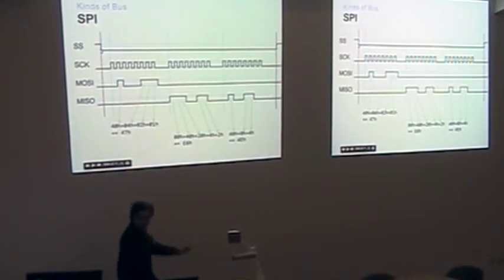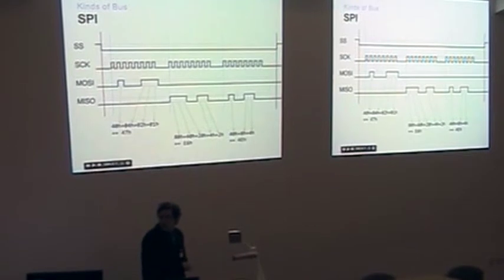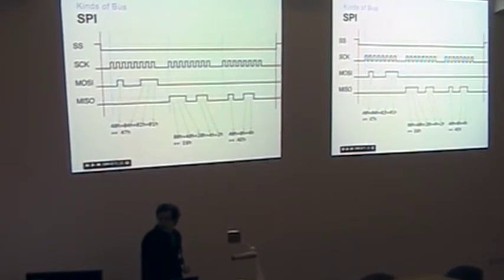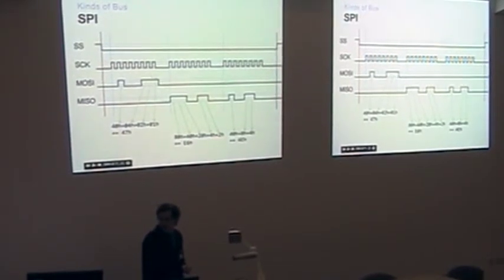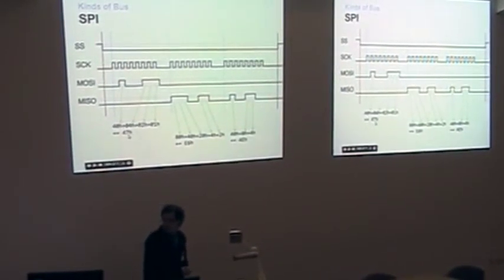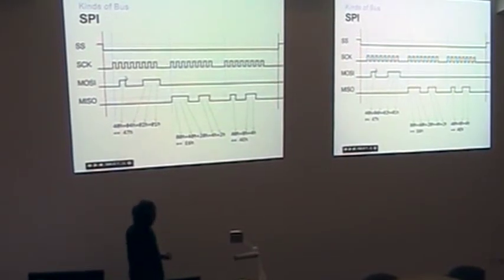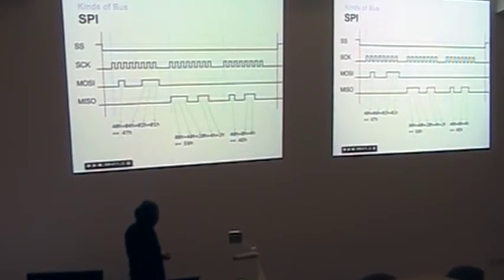We say, well, I'm talking to you now. And then the master sends out these 8 pulses on the clock, and each one lines up with a bit that we're going to send out. So after 8 clocks here, we've sent an entire byte's worth of data, which happens to be this number here, 47. Right, so let's byte it out.